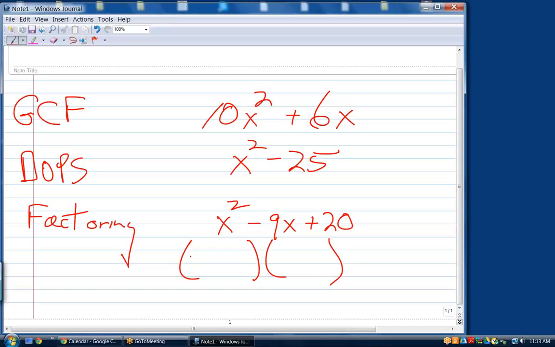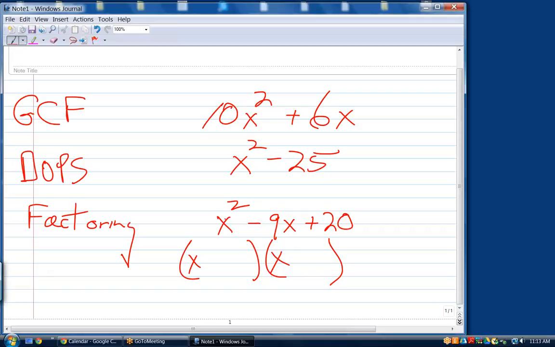Remember what I'm doing here. I'm unmultiplying these. If I had x minus some number times x plus some number, the first stage in multiplying it together would be to multiply the x times the x. In other words, this term has to equal whatever this is multiplied by that. So the first step in factoring these is to split apart the x squared.